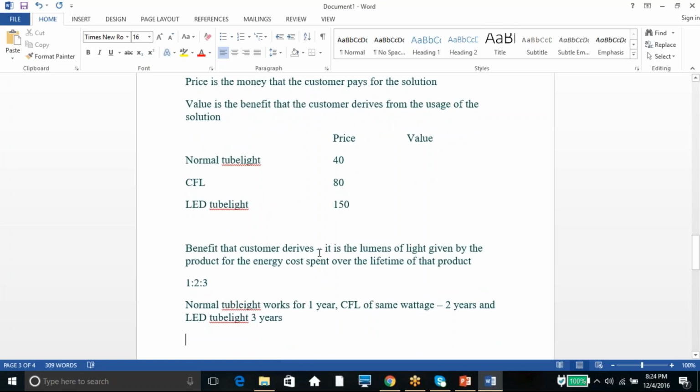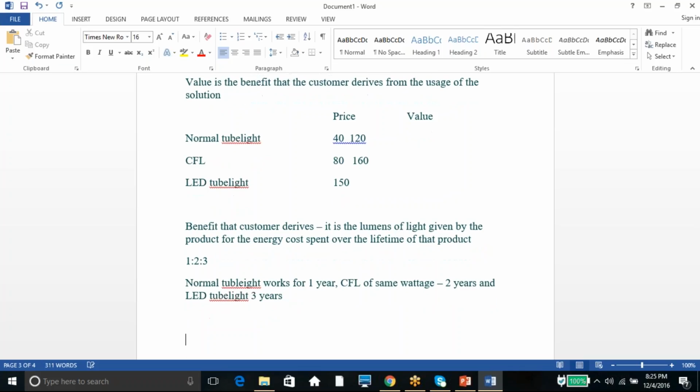So from the life perspective alone, this will become 120 and this will become 160 for the similar benefit that we get.